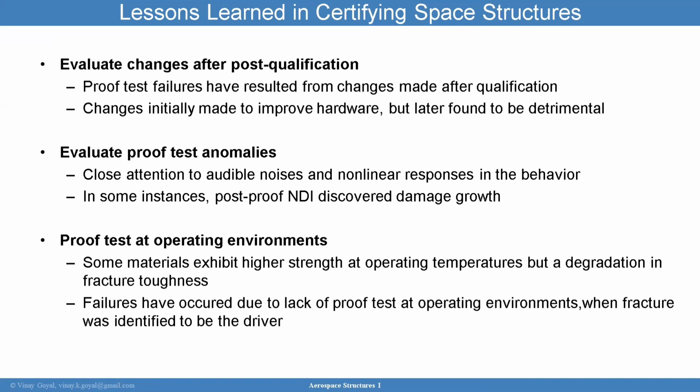If the driving failure mode is fracture toughness, then you should adjust the test on the ground based on the fracture toughness differences between the flight conditions and the ground conditions. But if strength is the driving failure mode, then you want to adjust the proof test based on strength differences between flight conditions and ground conditions. So whatever the failure mode is, that's how you want to size that proof test and come up with what I need to do to overcome the likely test to flight differences.